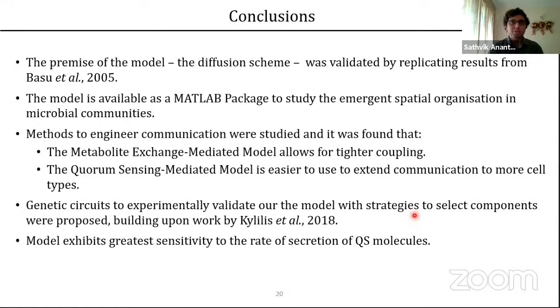If you wish to modulate the behavior of your system along some range of parameters, or you wish to see a range of behaviors, the best parameter to vary would be the rate of secretion of quorum sensing molecules, which can be achieved by using a library of promoters for the enzymes that synthesize the quorum sensing molecules.